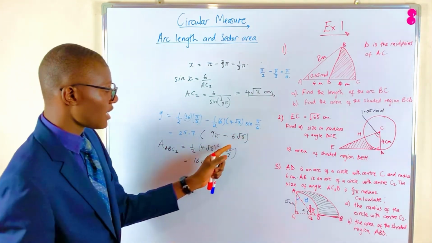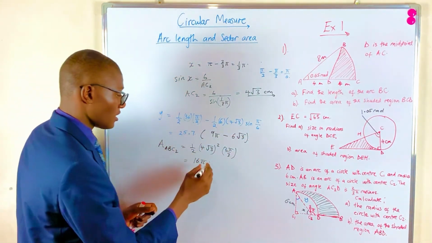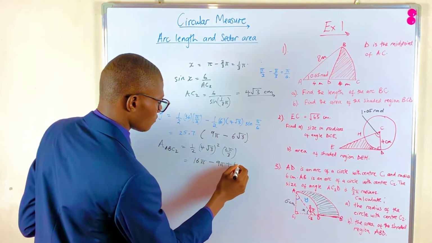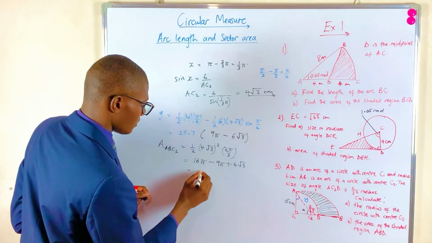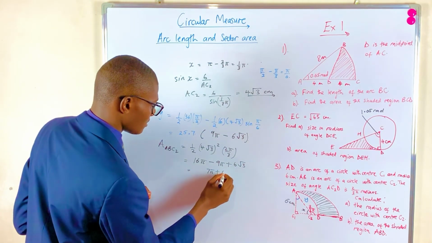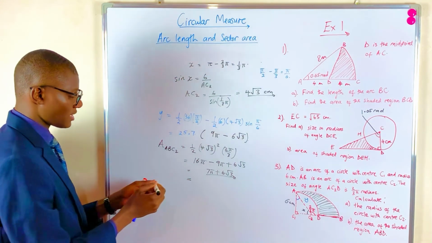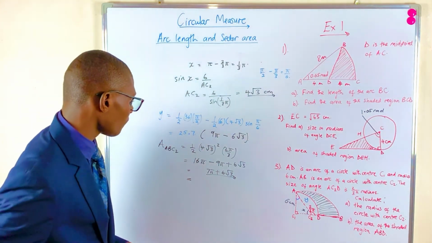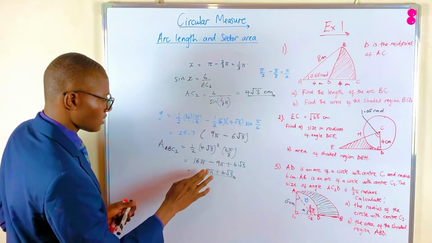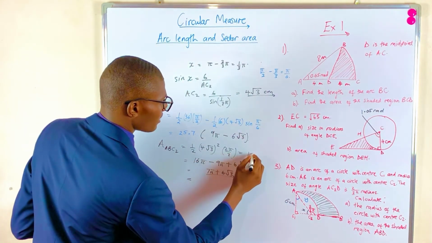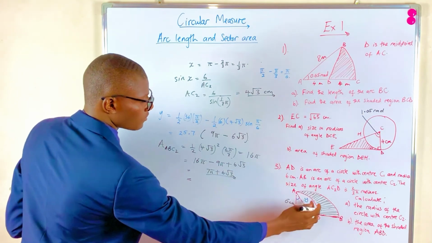So it will now be 16 pi minus 9 pi plus 6 root 3, which will give us 7 pi plus 6 root 3 as the final answer. 16 pi is the area of the whole sector.